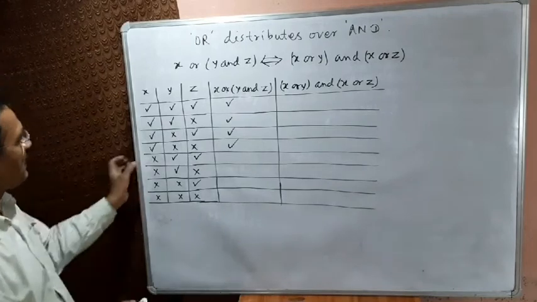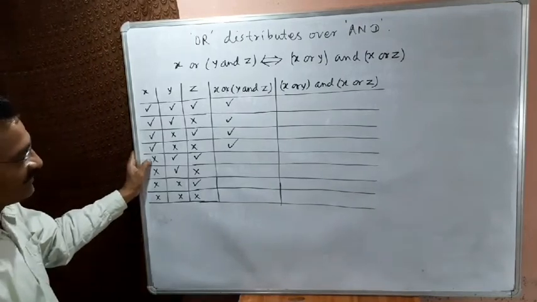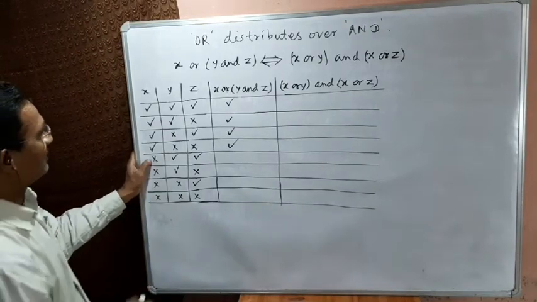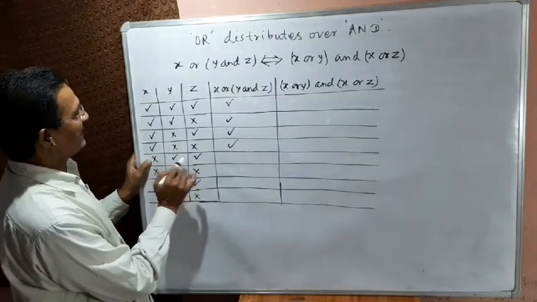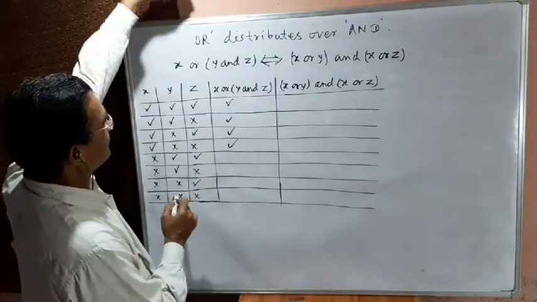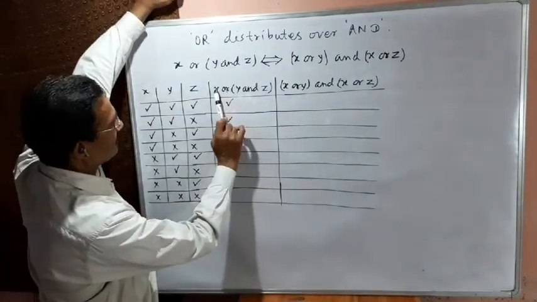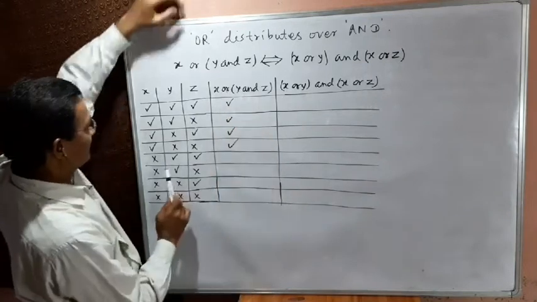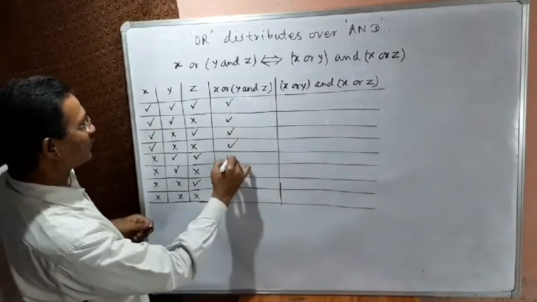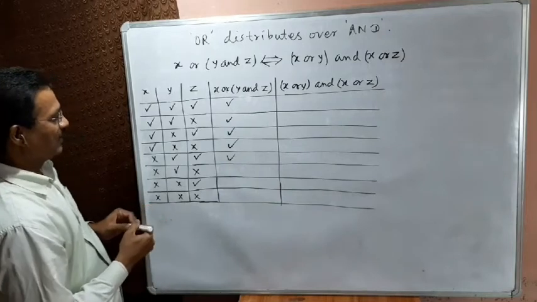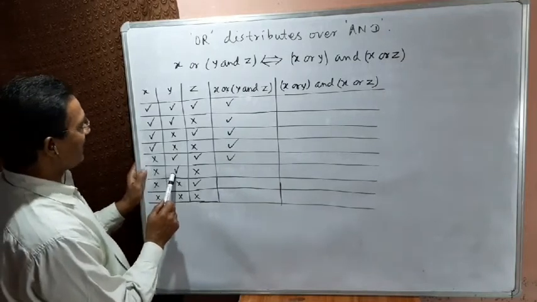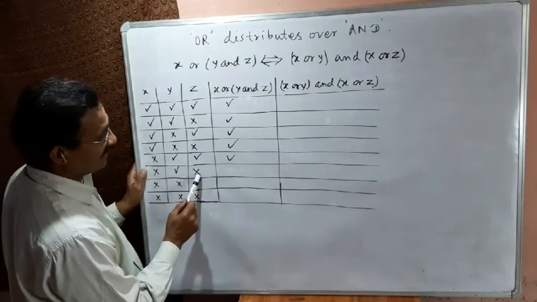Now, if x does not happen, then see this: y and z happens. It means if x does not happen, then both y and z happen. This is the situation. This will also happen. But x does not happen, y happens, z does not happen.